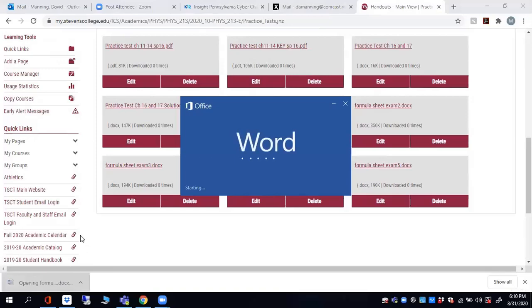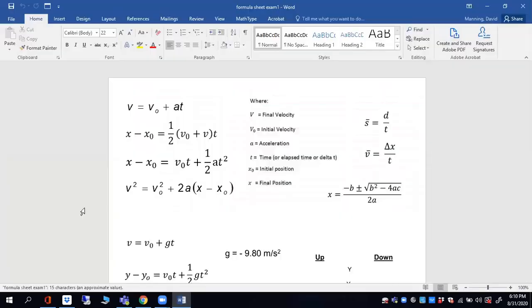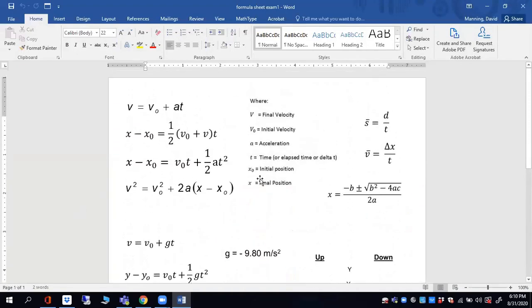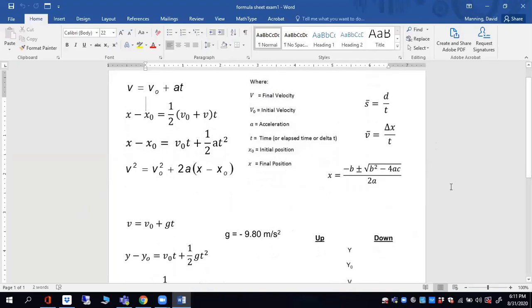You can just print this out, and this will have all of the formulas that you need for the exam, and you can label them and write on here and use it when you're taking the test so you know exactly where the formulas are. And then when you're solving problems at home or when we're doing problems in class, you can have this out with you, and it'll allow you to find the equation much faster. So here up here are the formulas and the variables that we'll be using for these problems.